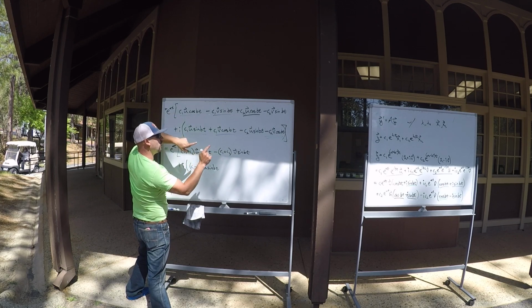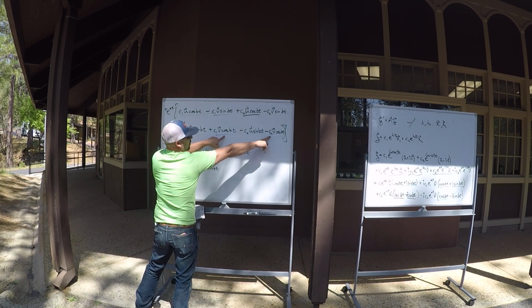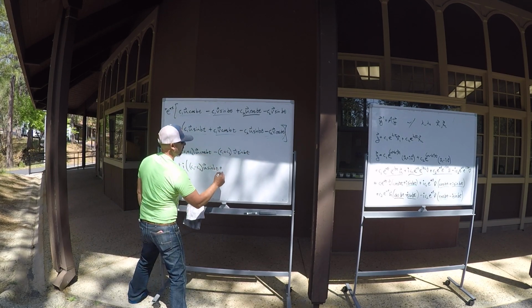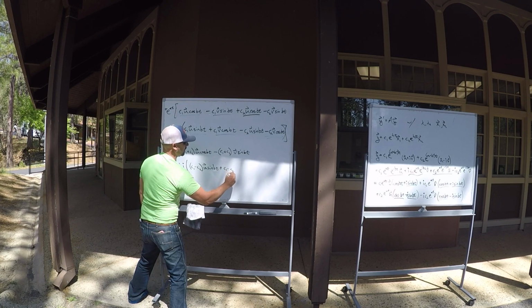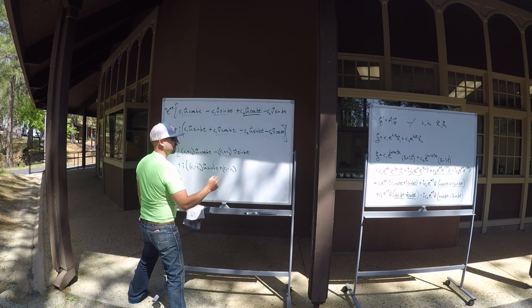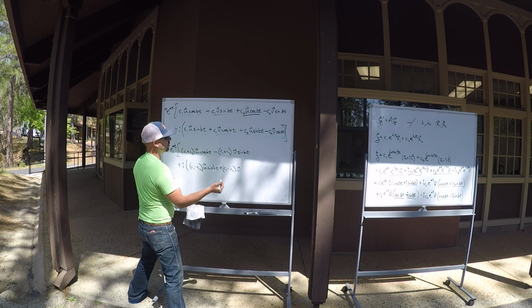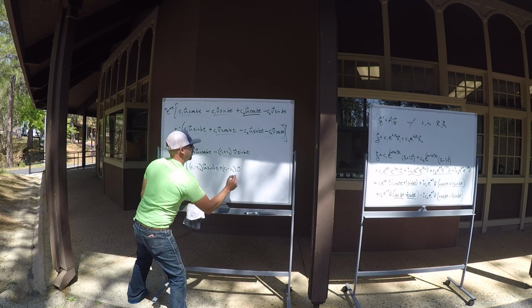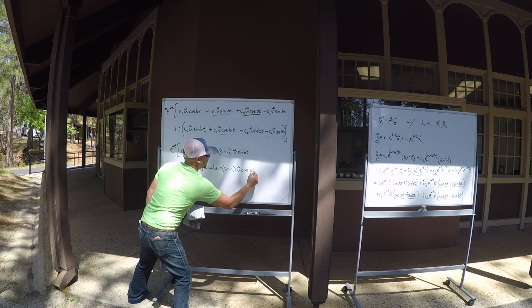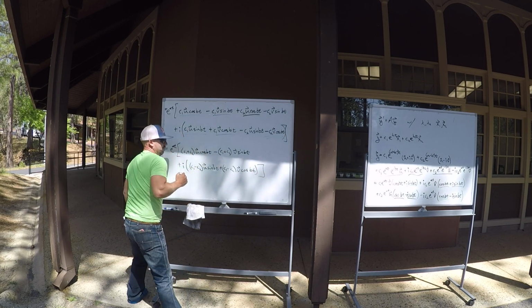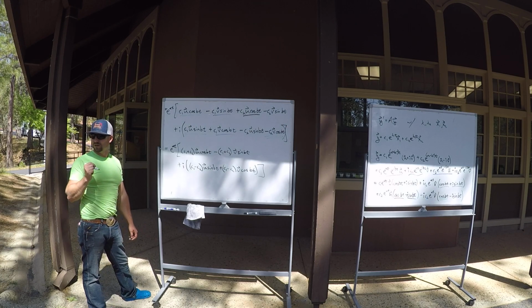And then I've also got a c1 minus c2 times a v cosine bt. You with me on that?